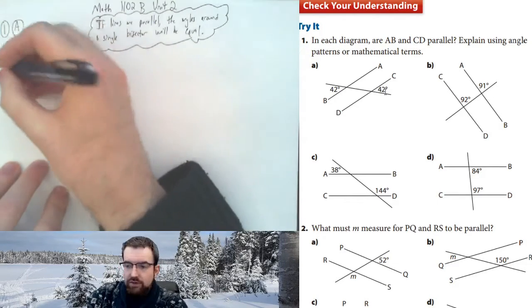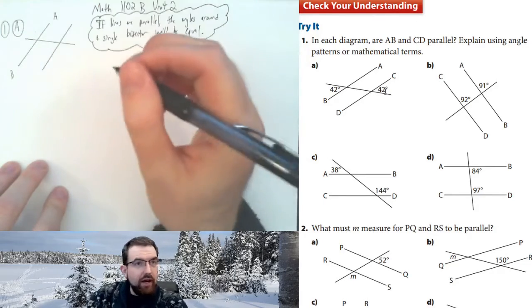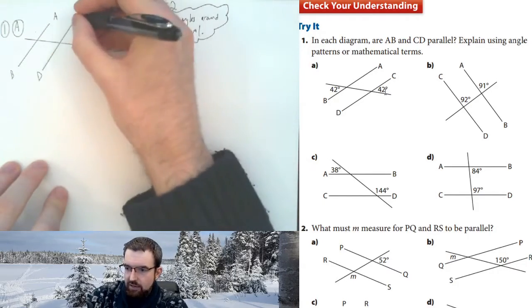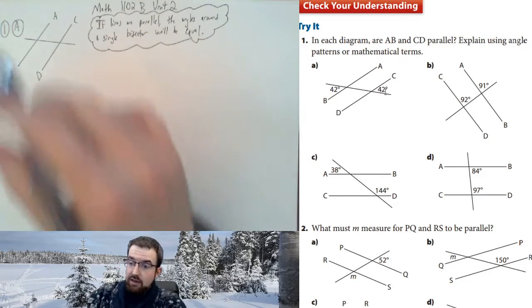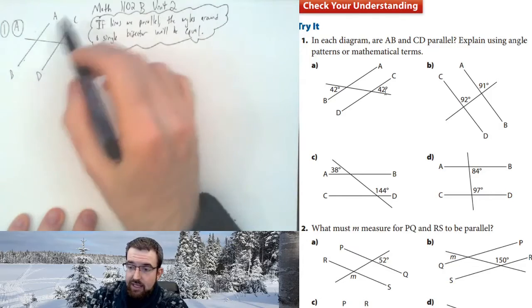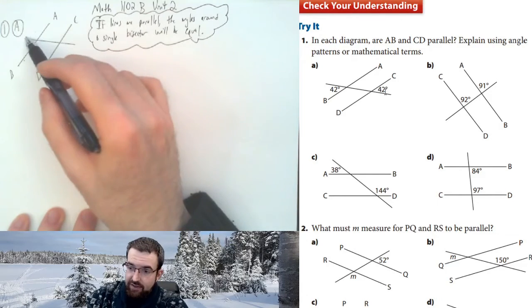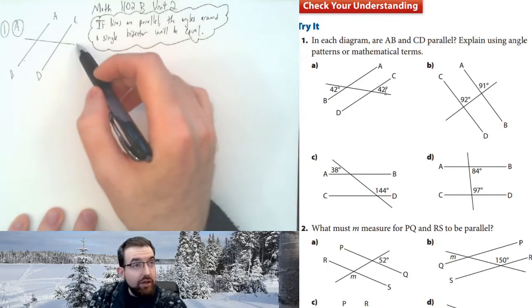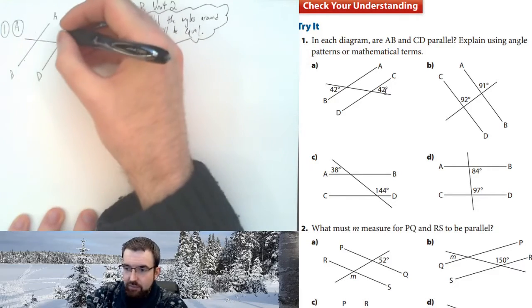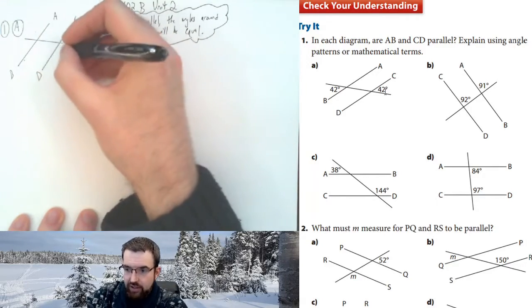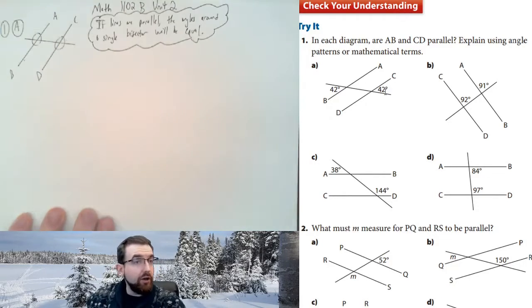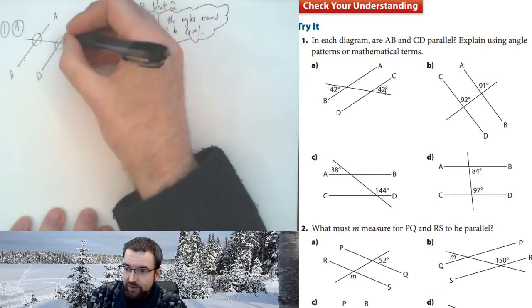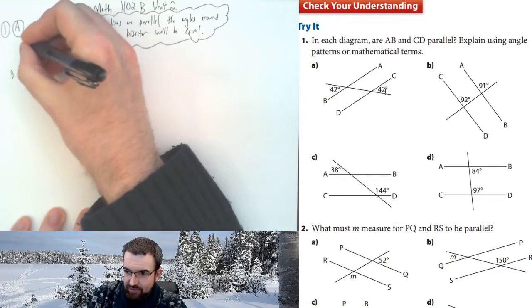Well, here we've got lines AB and DC. If AB and CD are parallel, then this single bisector, this one line that cuts through both of them, means the angle here is going to be equal to the angle here, here is equal to here, here, and here. Basically the four around there and the four around there are going to be exactly the same. So how can we find out if they're exactly the same? Well, we're told that this is 42 degrees over here, and this is 42 degrees over here.